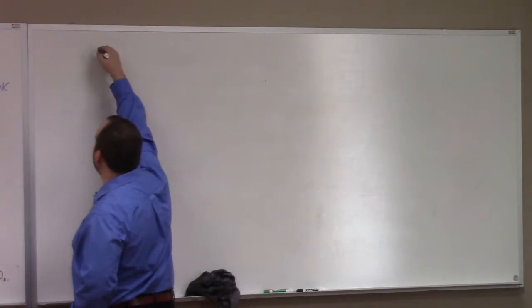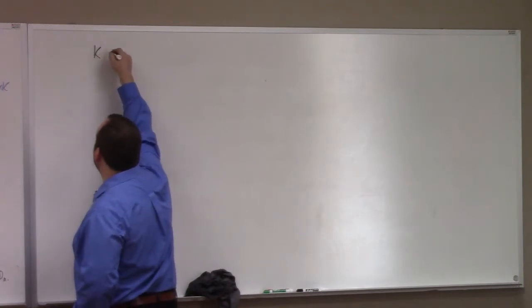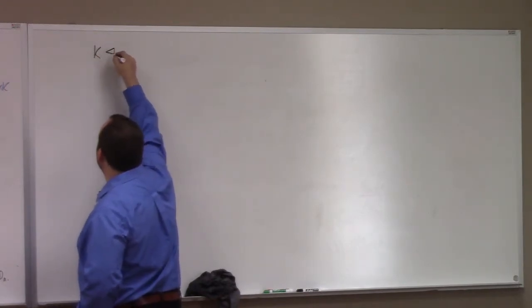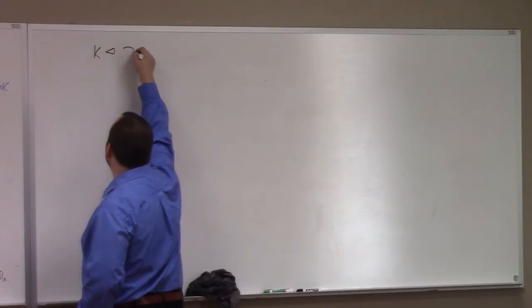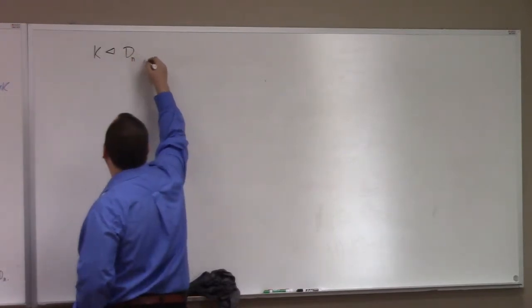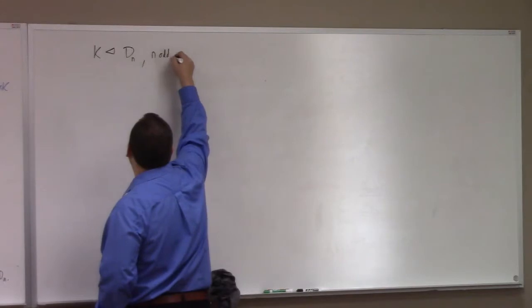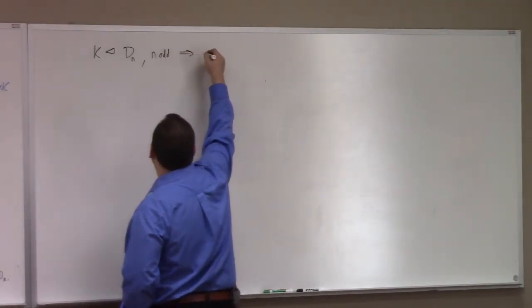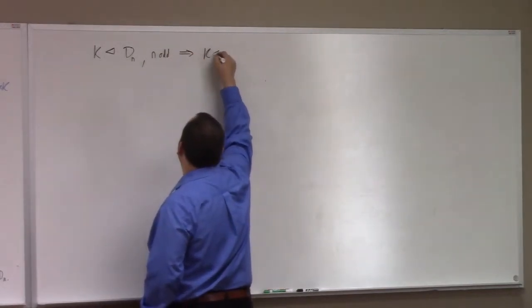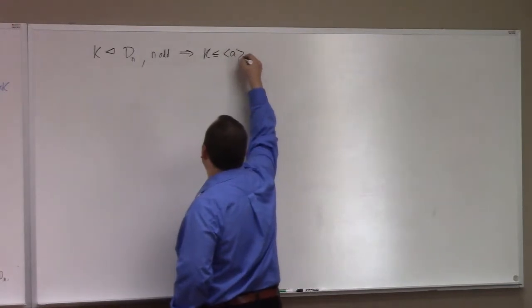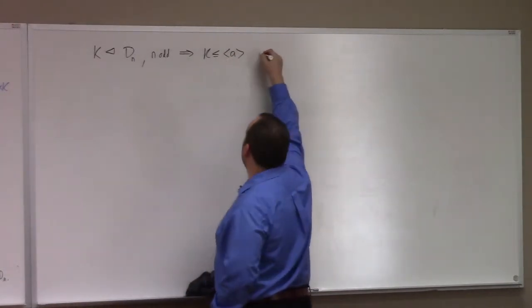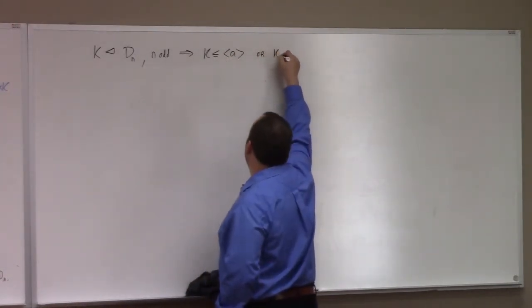So we're trying to say we have K, a normal subgroup of Dn, n odd, right? This implies that either K is a subgroup of the cyclic subgroup generated by A, or K is equal to Dn.